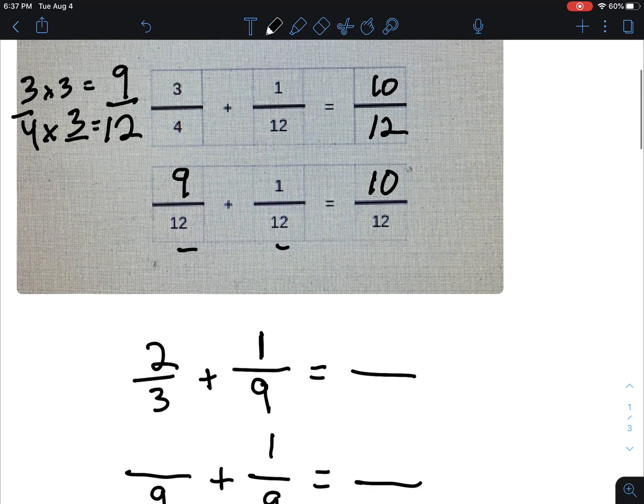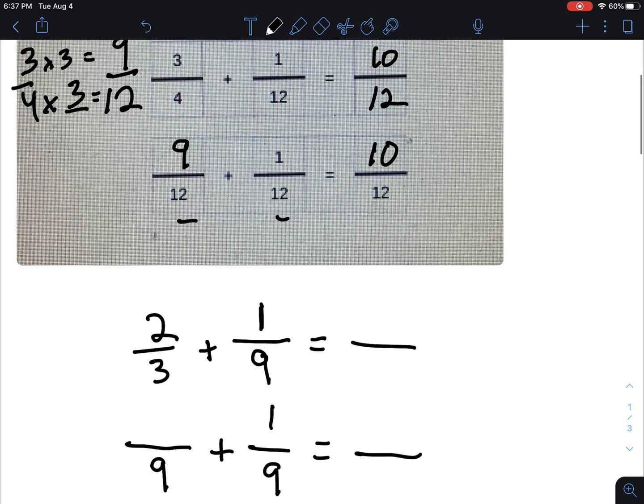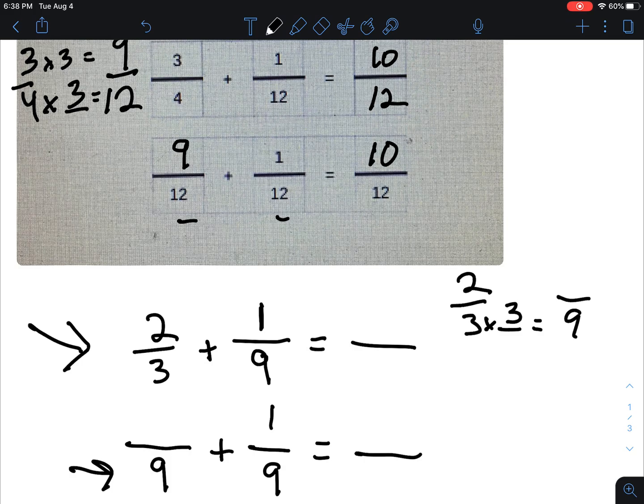All right. So I'm going to leave that right there so you can still see it a little bit, and I want you to try this problem. Make that 2/3 into an equivalent fraction with this denominator so you can add the two bottom fractions together to get your total. Okay, so hopefully you did what I did up above, and you said, what would I multiply 3 by to get 9?